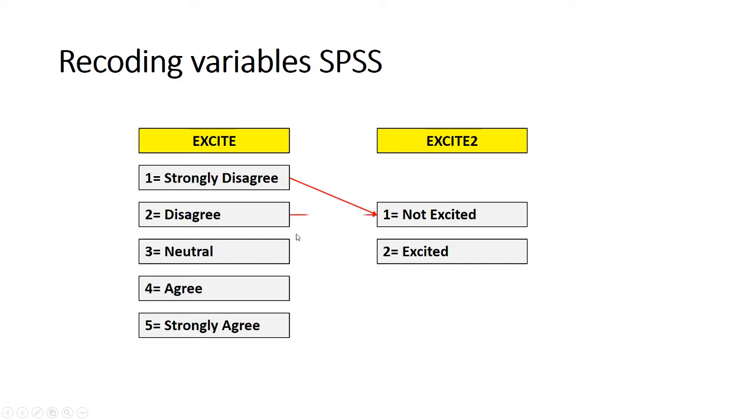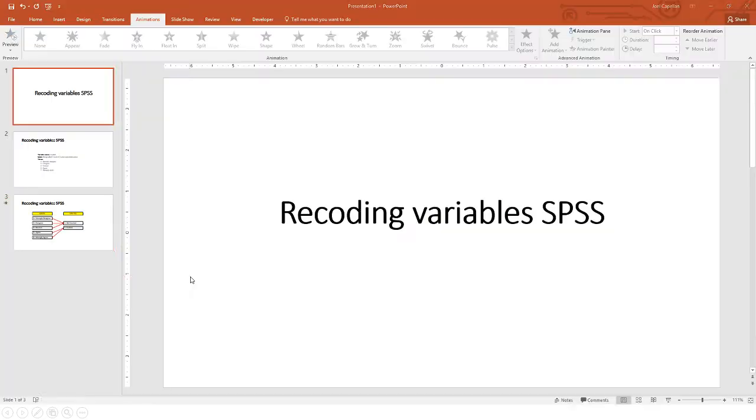If you disagree, I'm also going to put you down as not excited. If you're neutral, obviously you were not excited, so I'm going to put you down as not excited. However, if you agreed with the statement, then obviously you are excited, and strongly agreed, you are excited also. This is really important because this is what I am going to be inputting into SPSS so that SPSS can do the recoding for me.